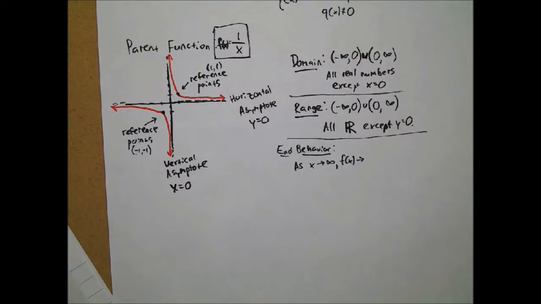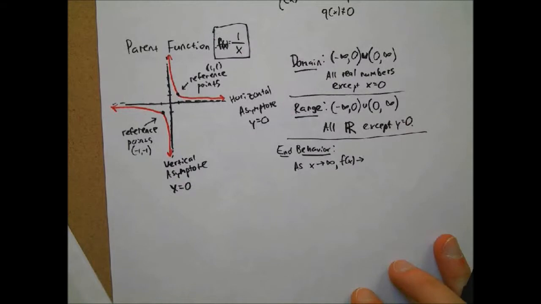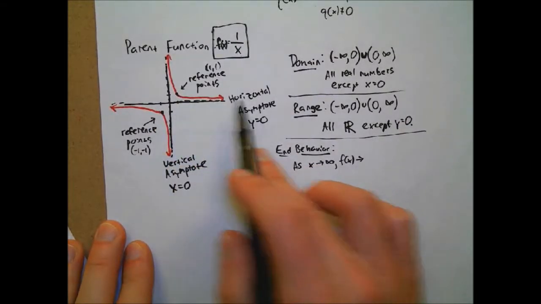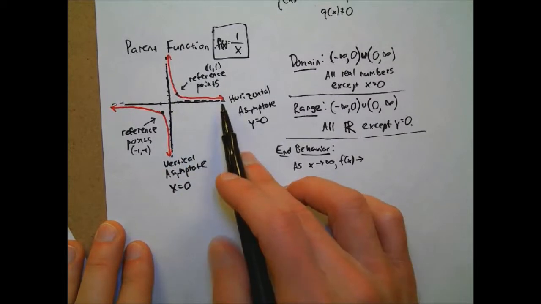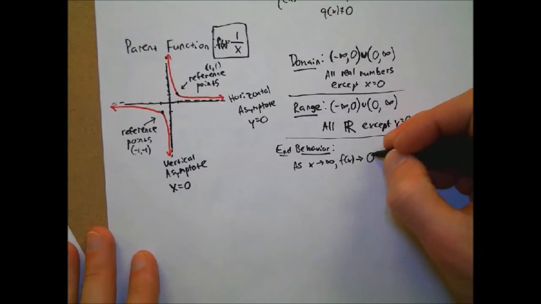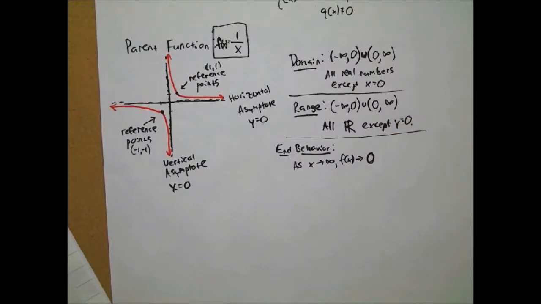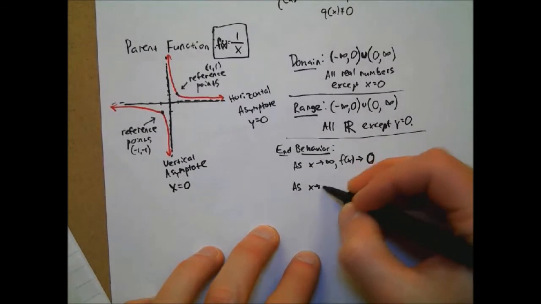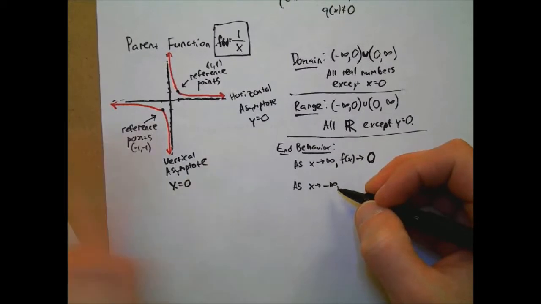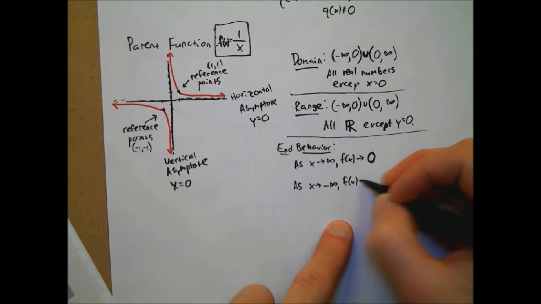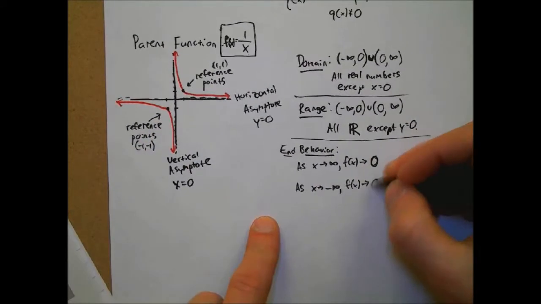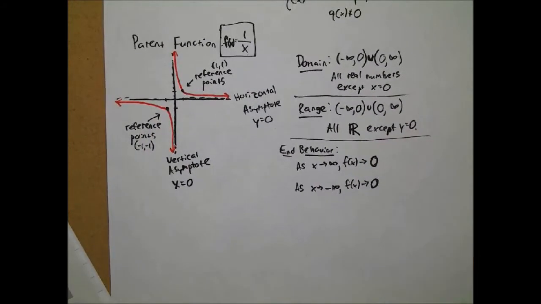What does it look like our y values are approaching? Yes, it's 0. Exactly right. That's a strange end behavior, right? Normally we go to infinity or negative infinity, but this goes to 0. As x approaches negative infinity, as we go further and further to the left on our function, what does our function approach? 0 as well. Yes, also strange behavior there. But yes, it goes to 0.